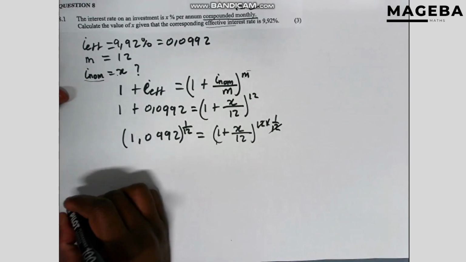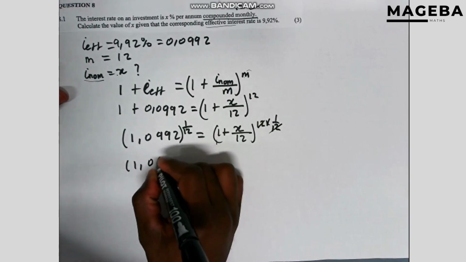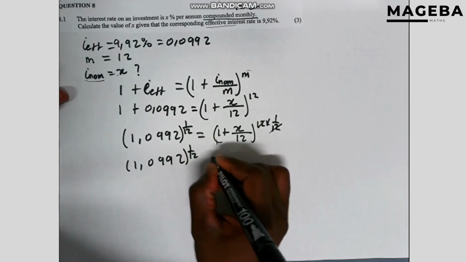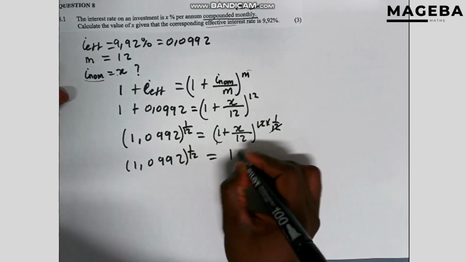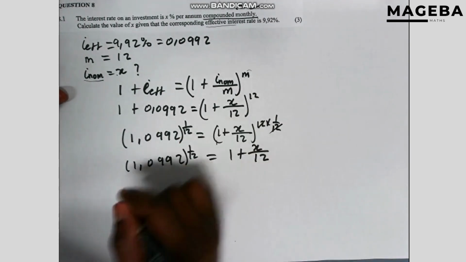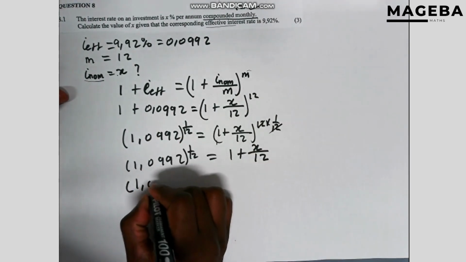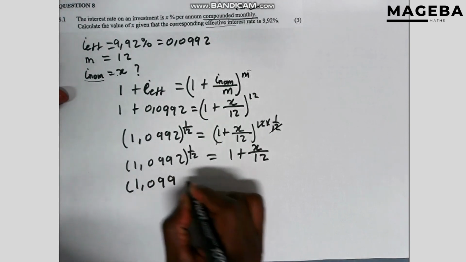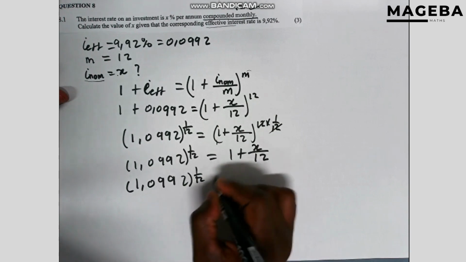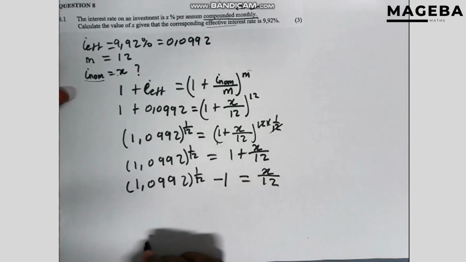Then this one is going to cancel this one, then we're going to have 1.0992 to the power 1 over 12, then 1 plus X over 12, and then take 1 to the other side, continue with this: 1.0992 to the power 1 over 12, and then minus 1 equals to X over 12.